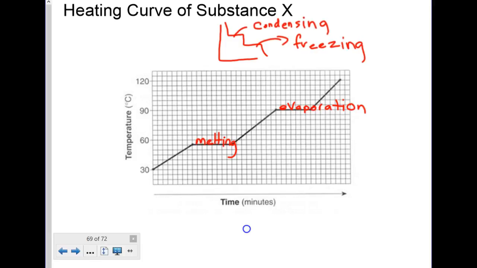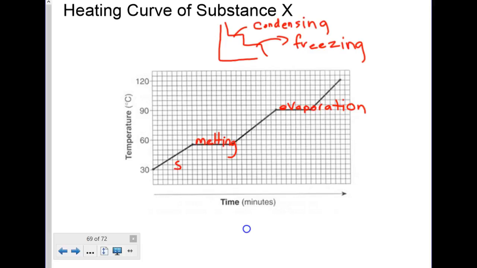If you have a diagonal line before the melting area of the curve, what state is the substance in during this time period? Has it melted yet? What state is it in? Solid.